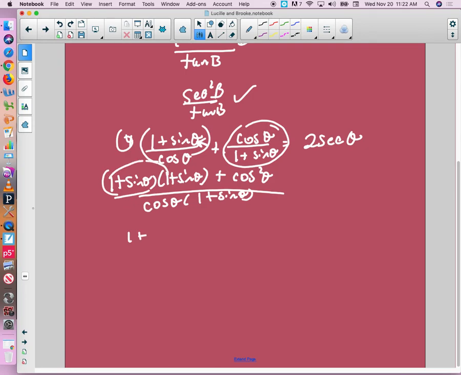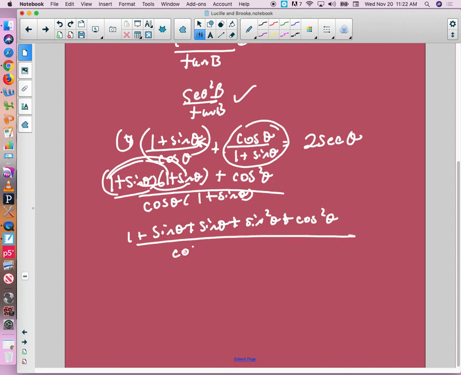1 plus sine theta plus sine theta plus sine squared theta plus this lone cosine squared theta over there over this. I bet some of your brains already started firing on that right there.